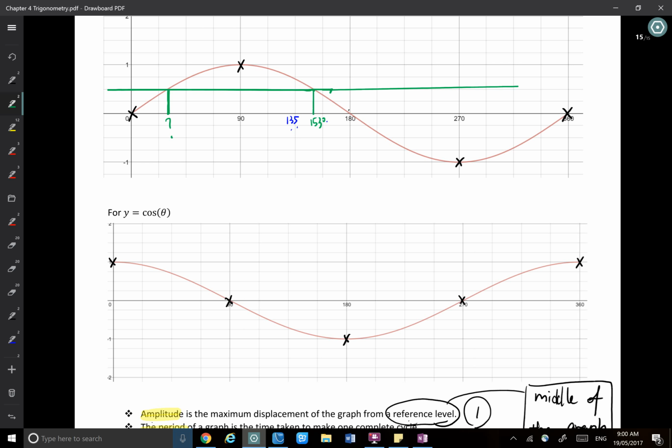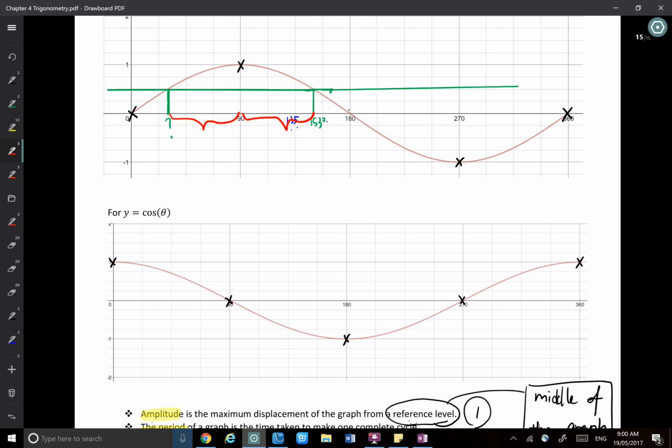If you know this property, how can you find out the question mark? The distance from here to here will be the same as the distance from here to here. Because it's symmetrical, you have vertical lines, horizontal lines, then you will have the middle, which is 90 degrees.